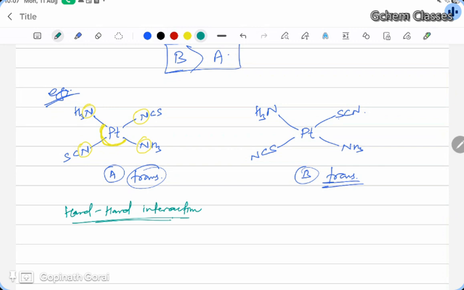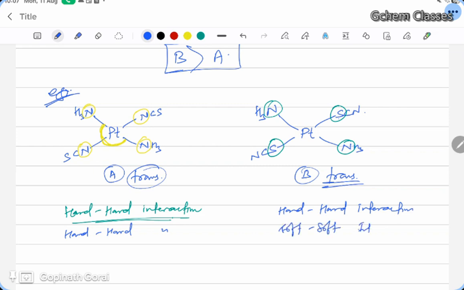Here, what type of interaction is that? You just see hard, you have soft, and you have soft. Now in this case, you are getting two types of things, both are present. Here all are hard, hard interaction, but here hard, hard interaction, and then soft, soft interaction. If this type of situation arises, what are you going to do?